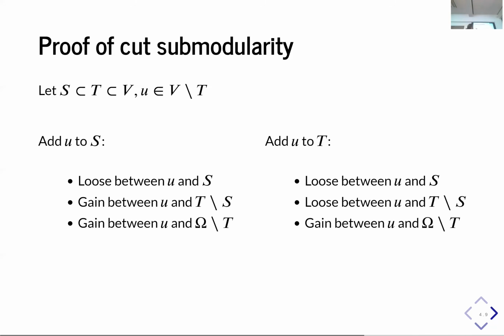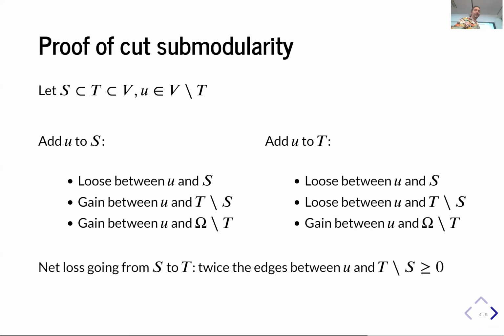When you add U to T, you lose every edge that becomes internal to T, which is the edges between U and S and the edges between U and T minus S. And you gain, of course, the edges between U and the outside world. So in the end, you've got a net loss between the two, which is twice the number of edges between U and T minus S, which is obviously positive.